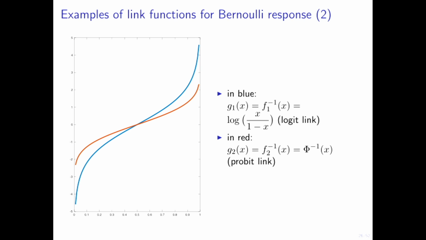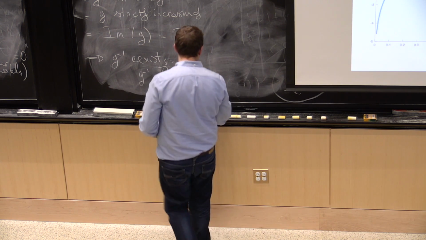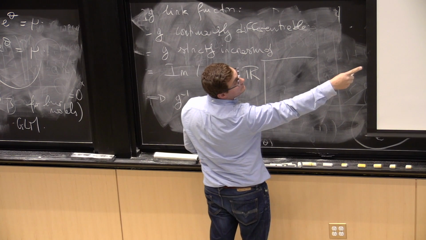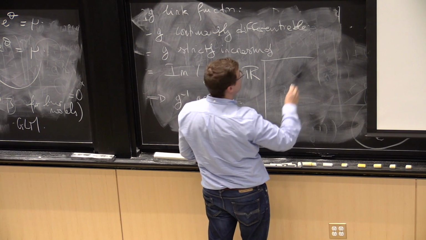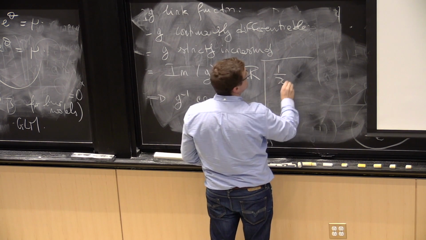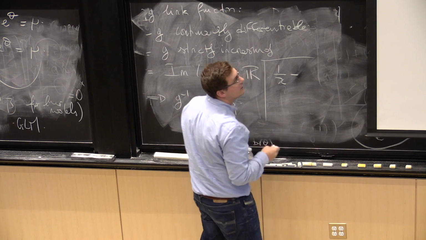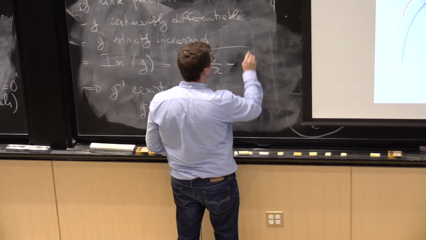It's a little flatter. You can check, you can compute the derivative at 0 of those guys. So I'm taking the derivative of log of x over 1 minus x, so it's 1 over x plus 1 over 1 minus x.